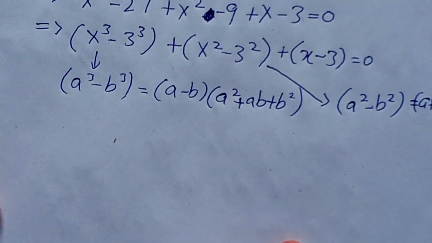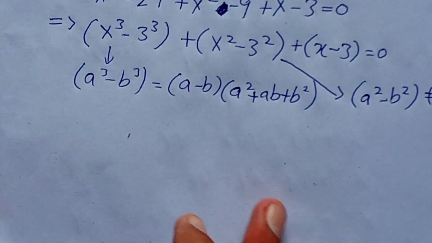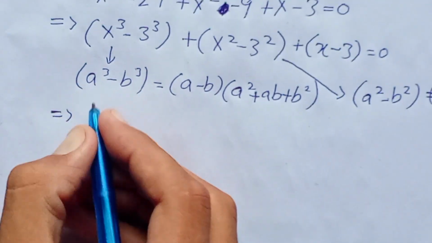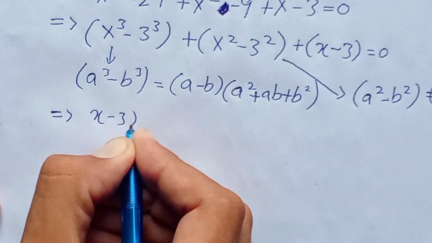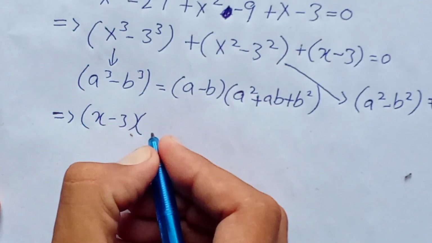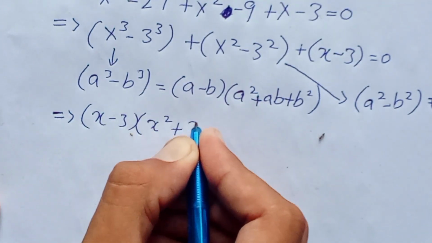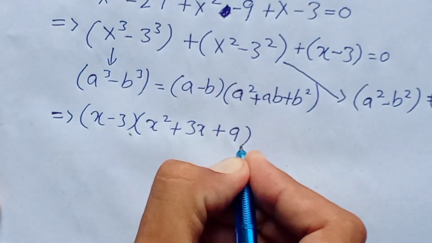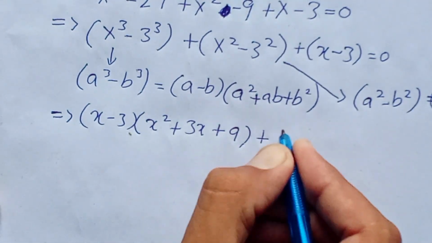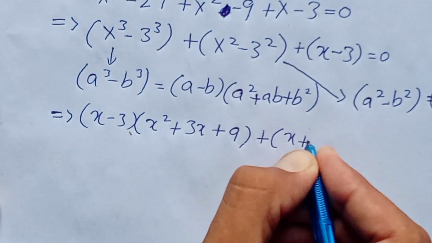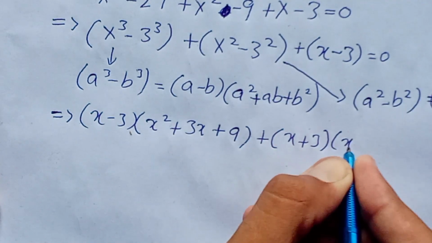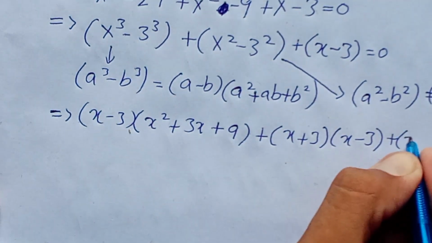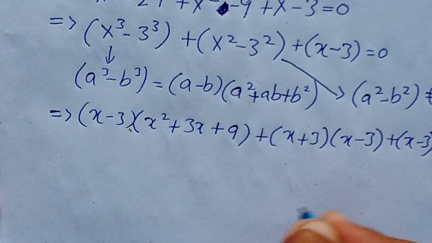So we can write this as x minus 3 into x square plus 3x plus 9, plus x plus 3 into x minus 3, plus x minus 3 as it is.